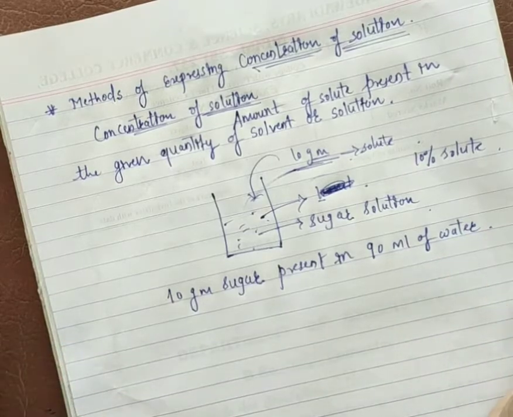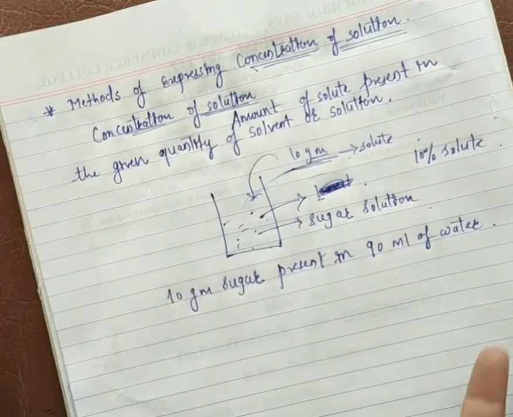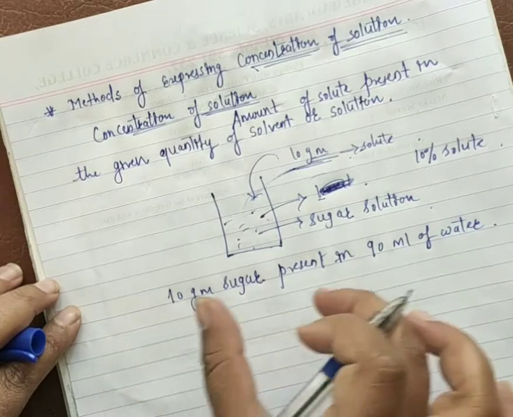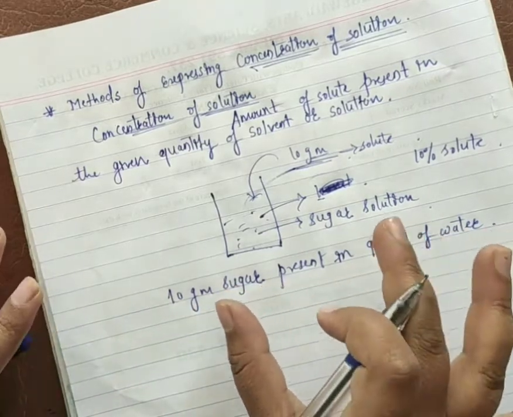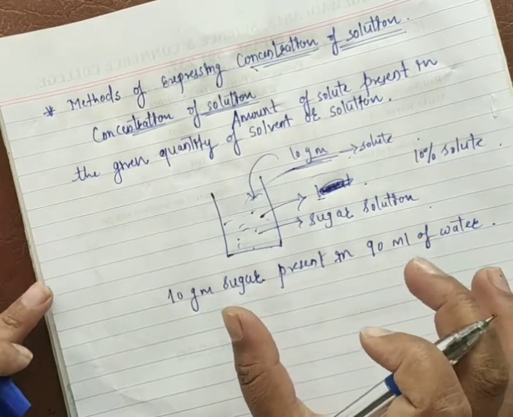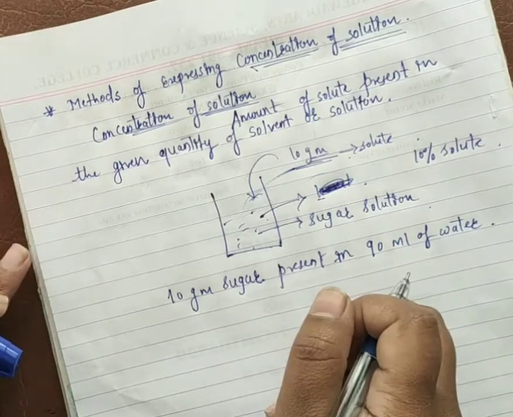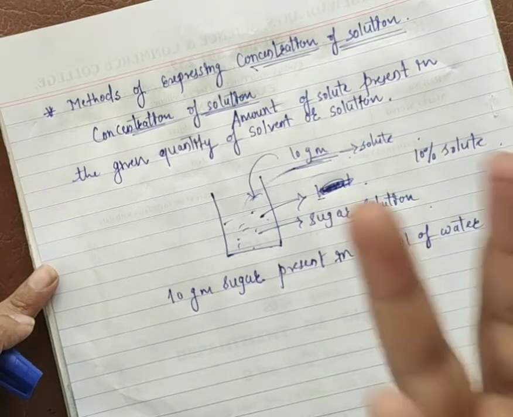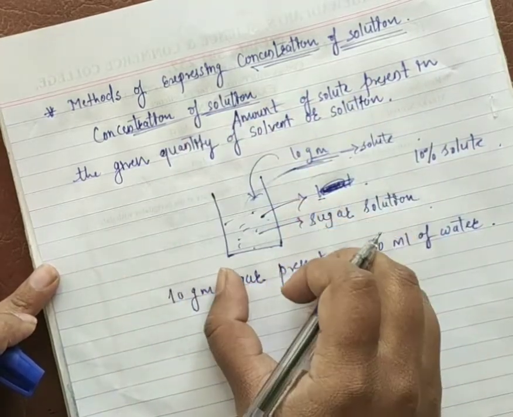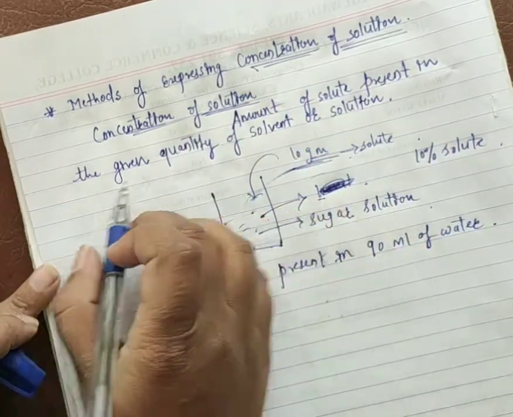So now you will understand how much amount of solute is present in a given solution. The solute is the one which is present in a smaller amount. How much amount is present in a given amount of solution, we call it concentration of solution.